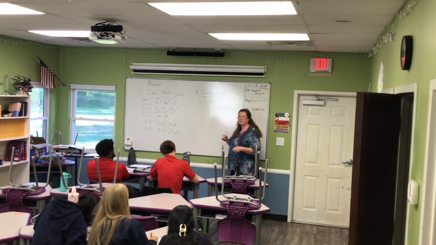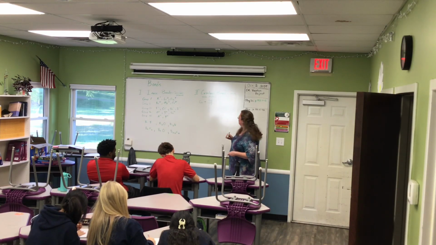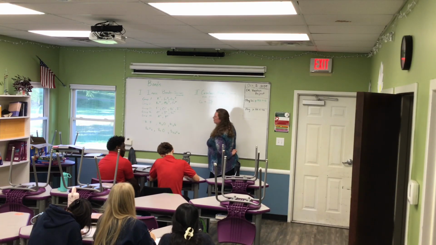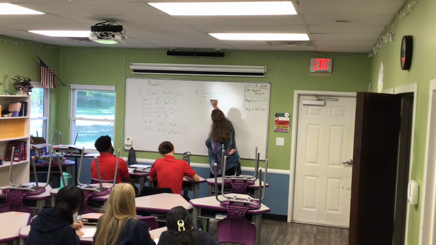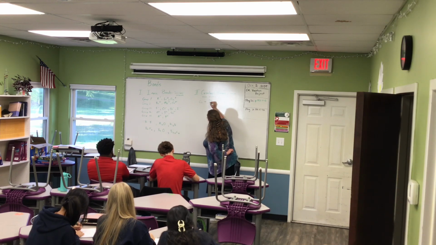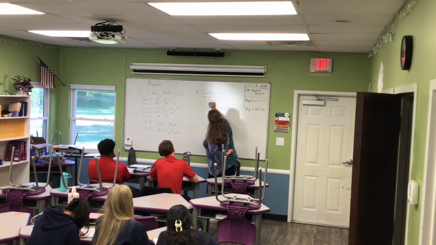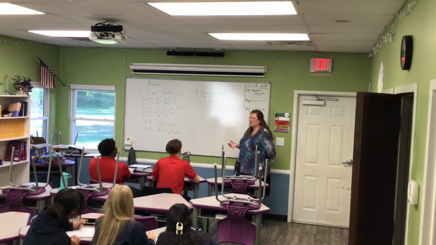This is the electron dot structure, is what they call it. I always start right here on this side, and I go counterclockwise. So there's 1, 2, 3, 4, 5, 6, 7. Because 7 valence electrons.